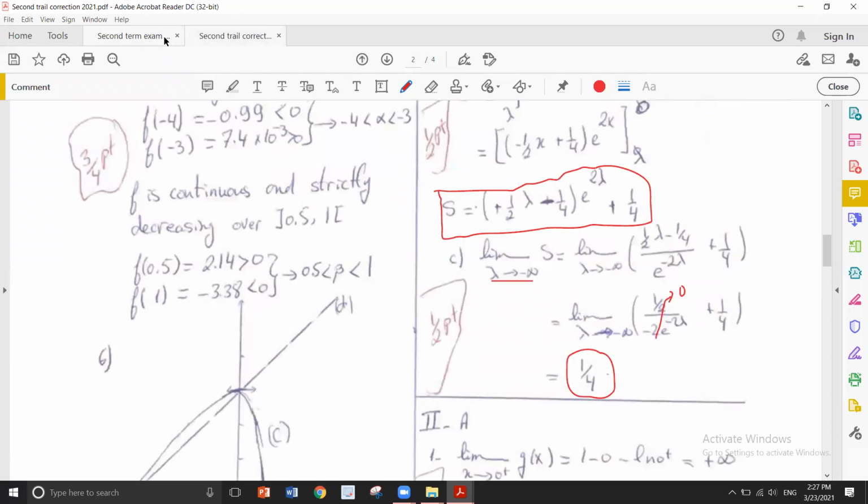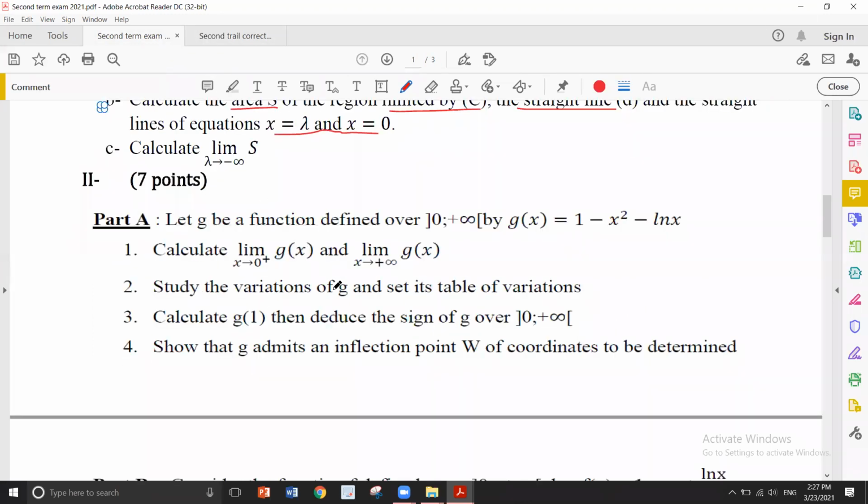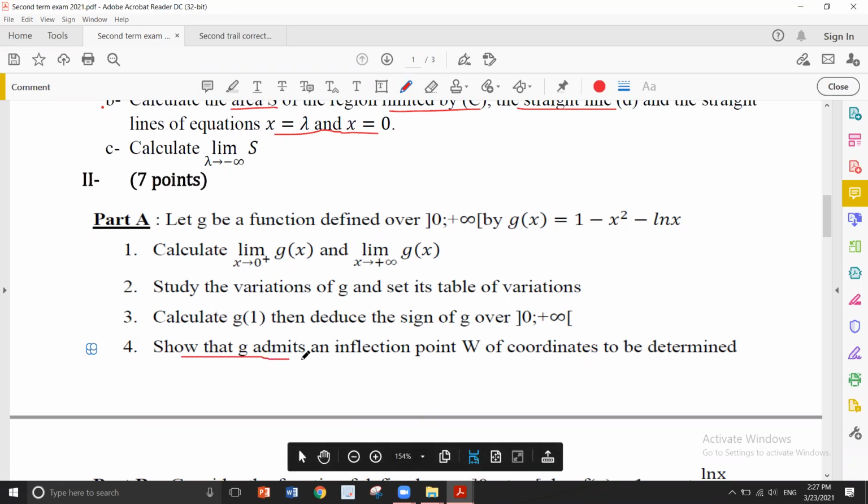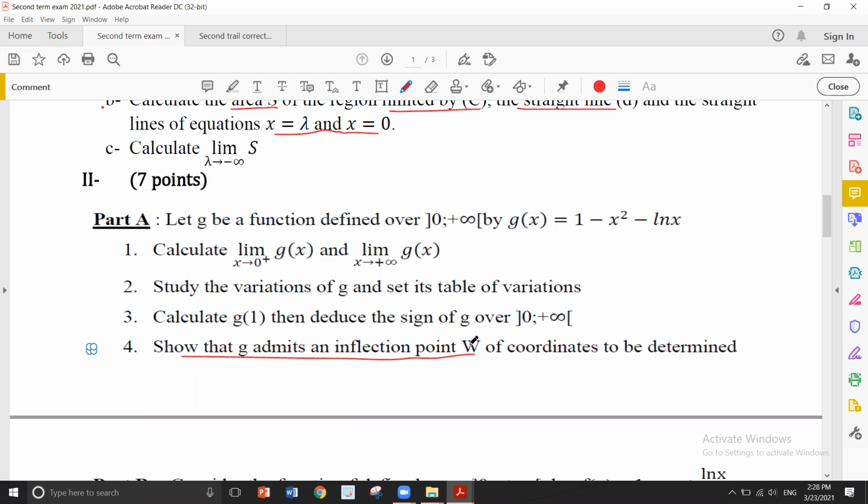I want to say something about the point of inflection. Whenever you find the point of inflection, we have to make the table for the second derivative. Don't forget, whenever you are asked about the point of inflection, it is not enough to find f double prime and find x, then find y.